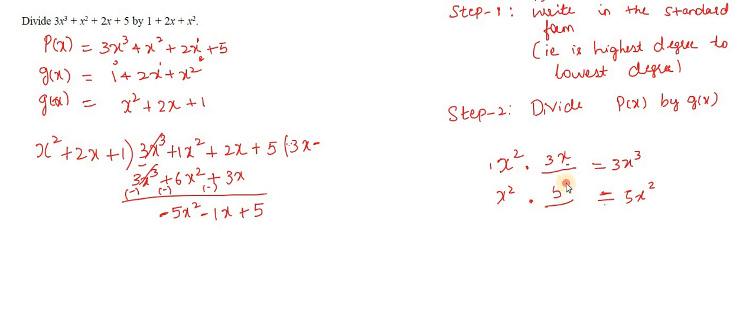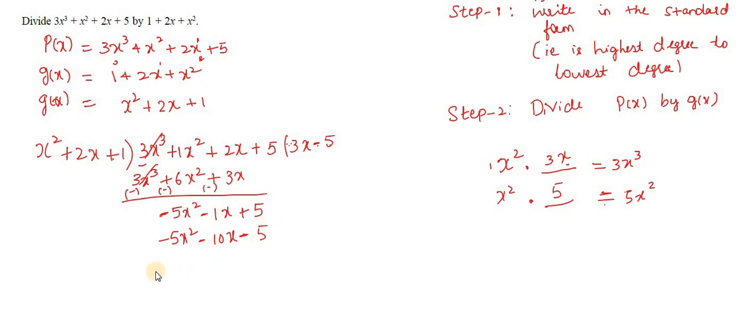If we multiply here by 5, I'll get 5x square. So we multiply by 5, so 5 into x square, that is minus also there, so minus 5x square. Then minus into plus, minus 5 into 2, 10x, minus into plus, minus 5 into 1, 5.